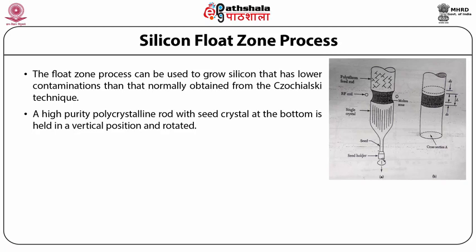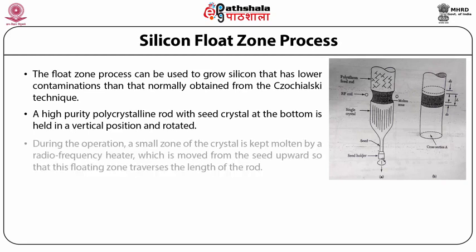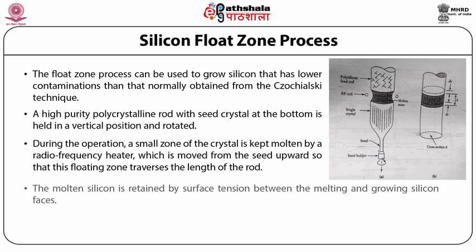The rod is enclosed in a quartz envelope within which an inert atmosphere is maintained. During the operation, a small zone of the crystal is kept molten by a radio frequency heater, which is moved from the seed upward so that this floating zone traverses the length of the rod. The molten silicon is retained by surface tension between the melting and the growing silicon faces.